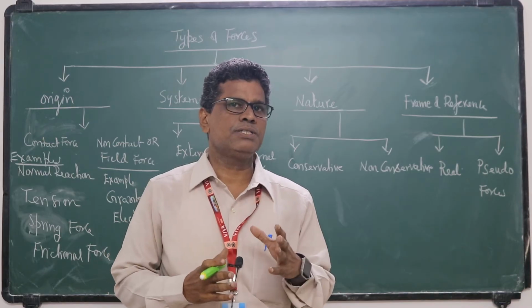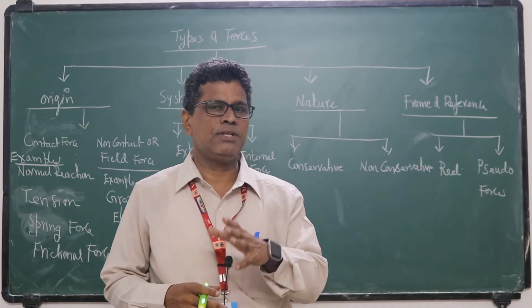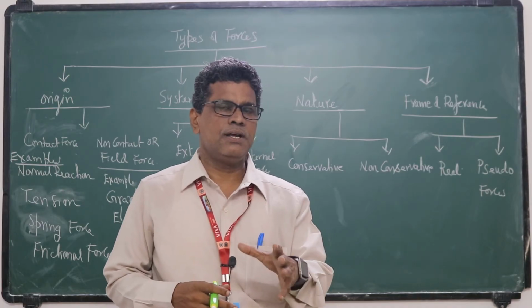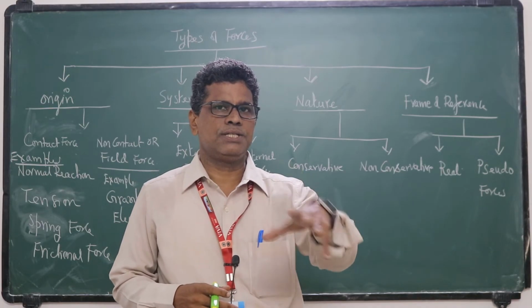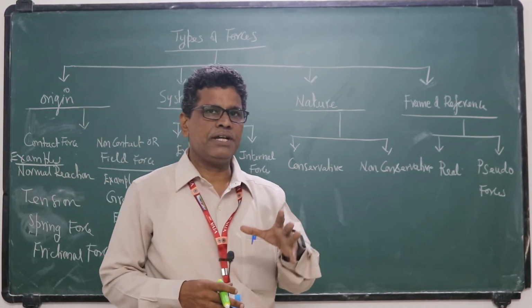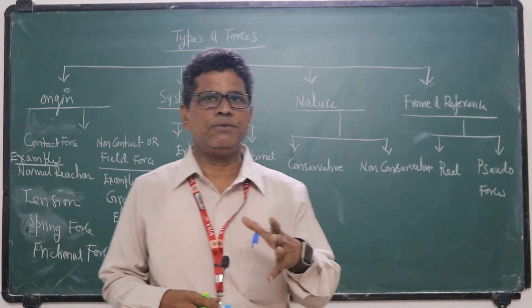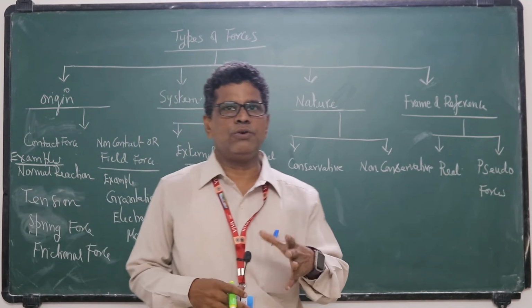The system consists of many objects connected together with the help of strings or springs. Here the objects we will treat as rigid bodies, meaning their shape won't change by applying a force.